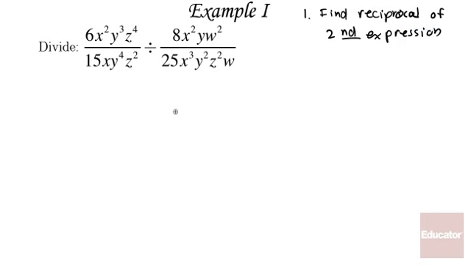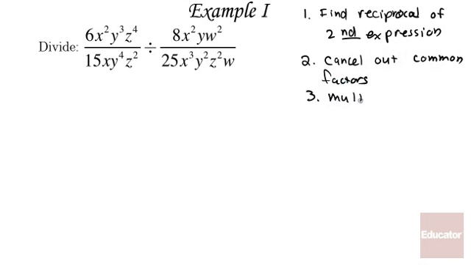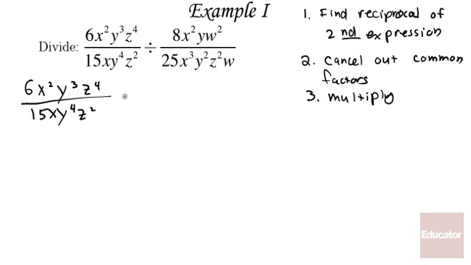Okay, find the reciprocal of the second expression, then cancel out common factors, then multiply. Okay, rewriting this first expression just as it already is, 6x squared y cubed z to the fourth divided by 15x y to the fourth z squared times the reciprocal of this.